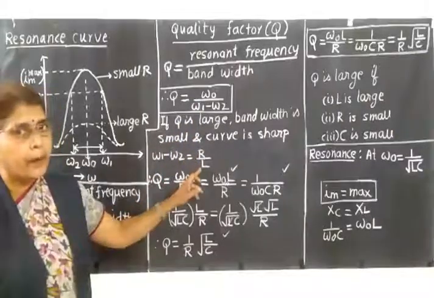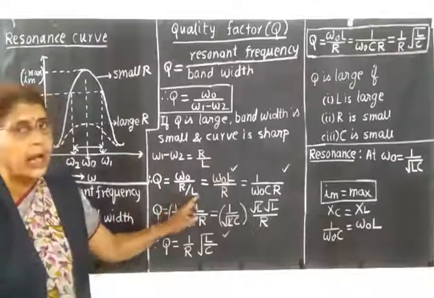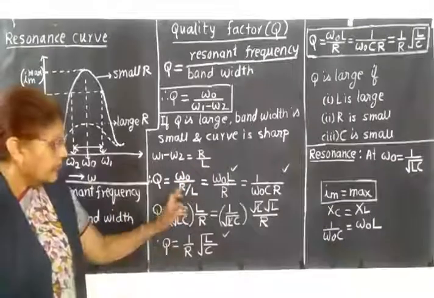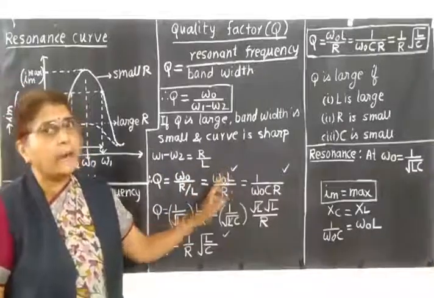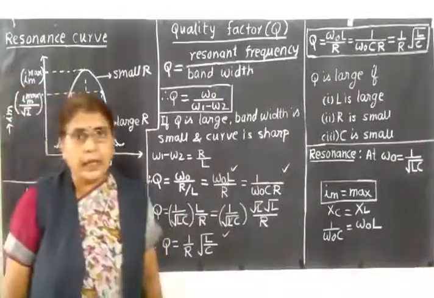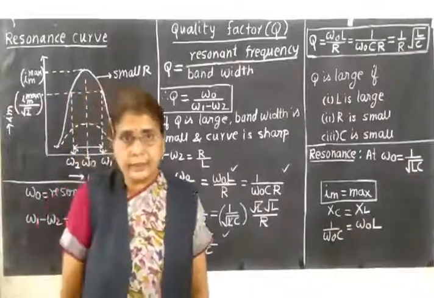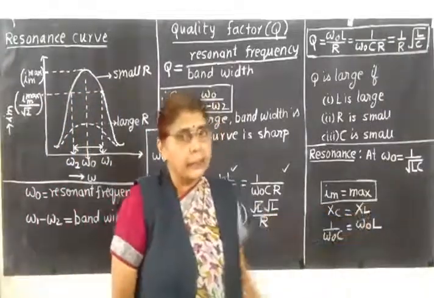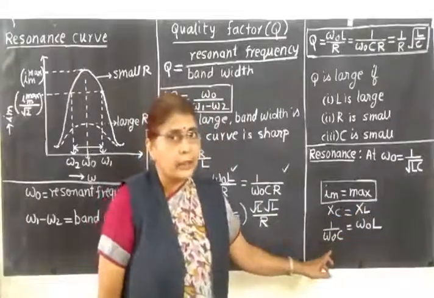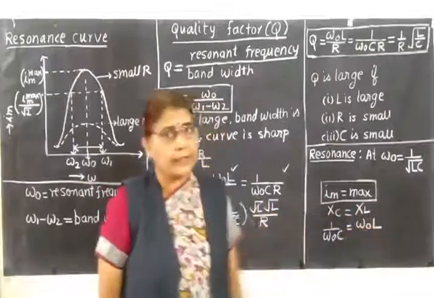It is R upon L. So, substitute here R upon L. Simplify. L will come to the numerator. So, it is omega 0 L upon R. Now, just now for resonance, we have seen that the condition is Xc is equal to XL. The meaning is 1 upon omega 0 C is equal to omega 0 L.